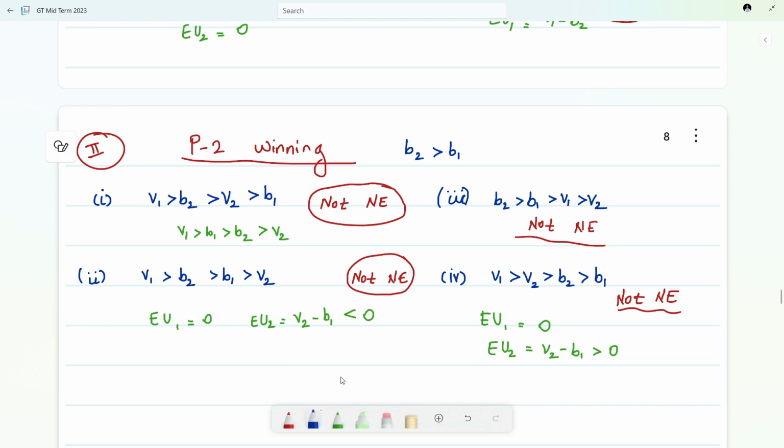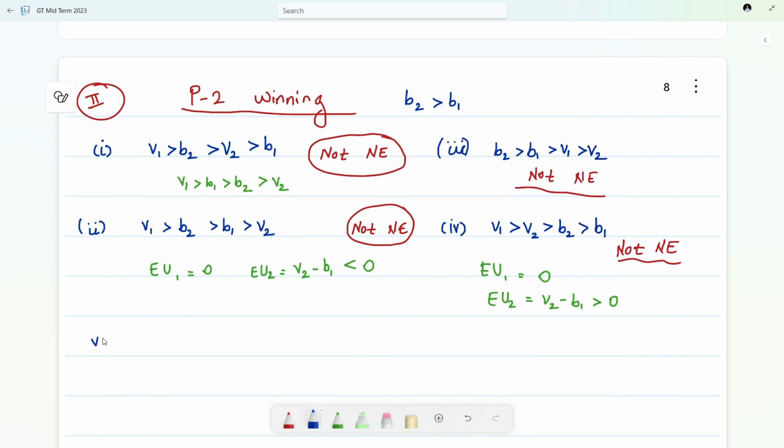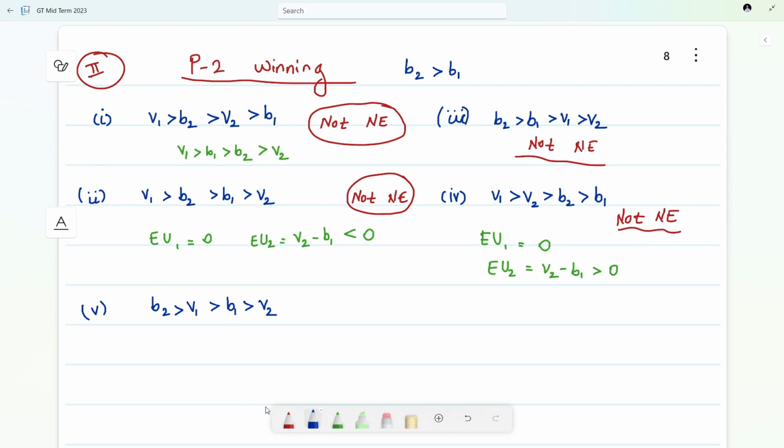Okay. Now consider another case. So case number 5 can be V2 greater than V1 greater than B1 greater than V2, right? So here expected utility for player 1 will be 0. Expected utility for player 2 will be V2 minus B1.